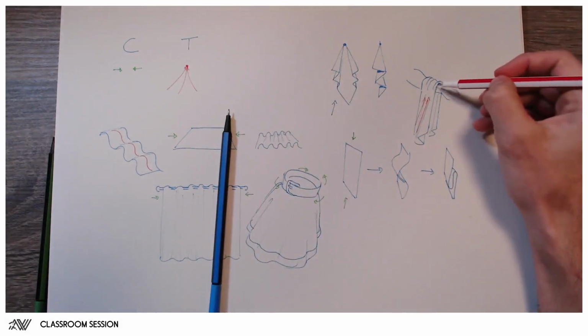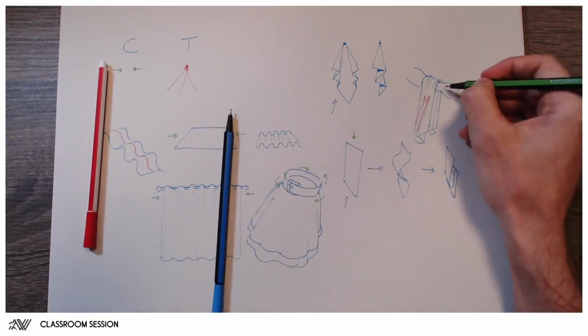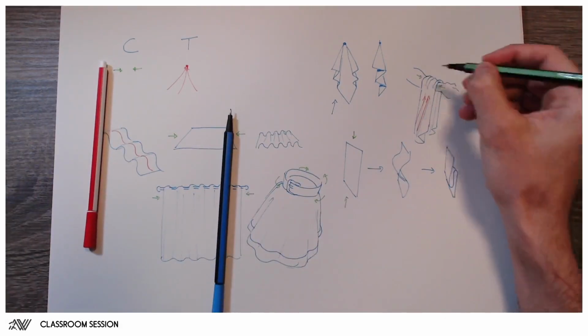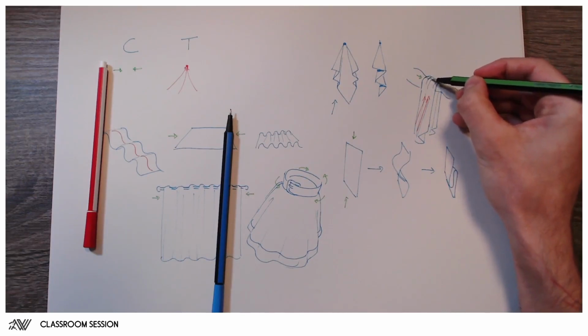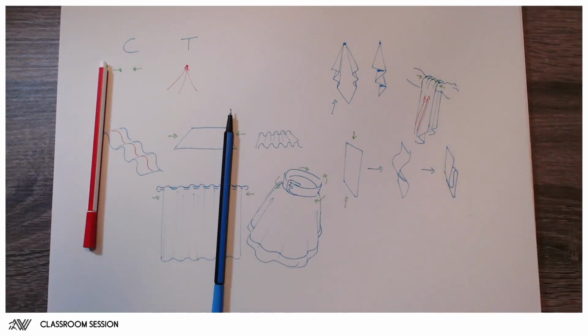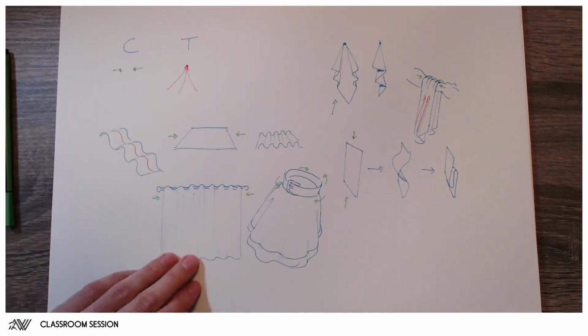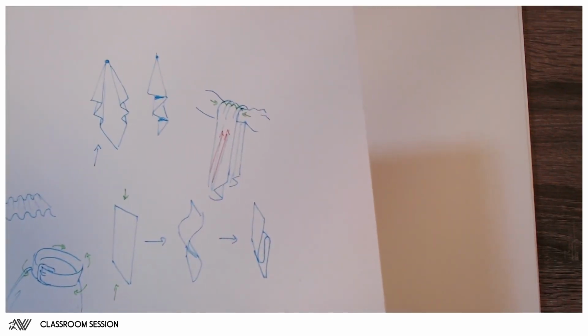But here, the main type of force on the arm is the compression from both sides, creating those pipes. All right, let me just zoom in a little so you can see.